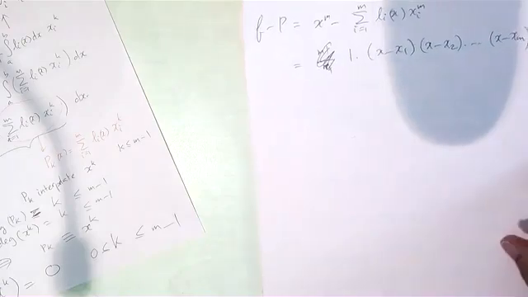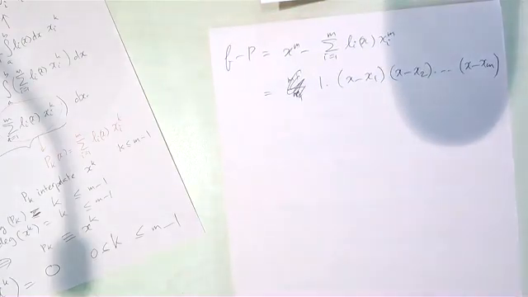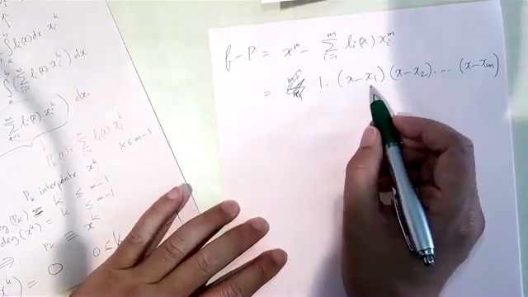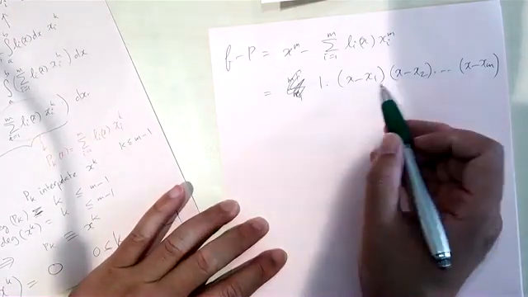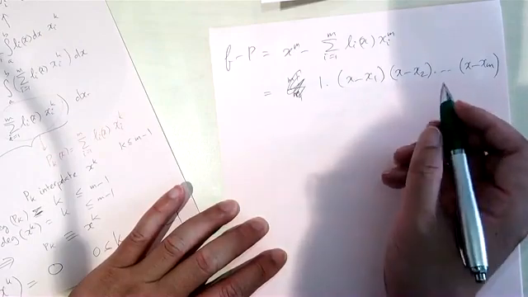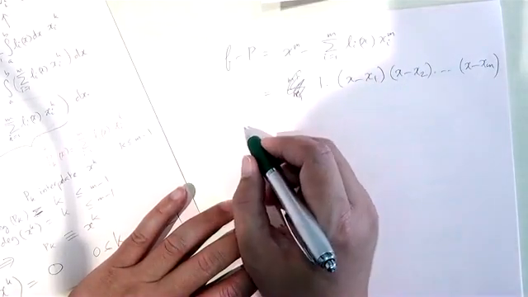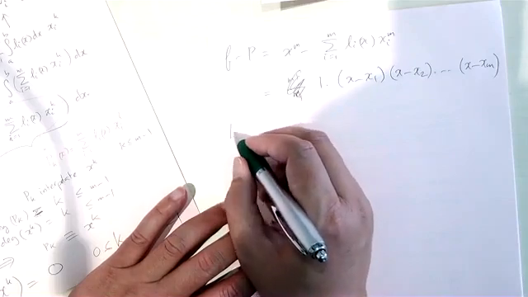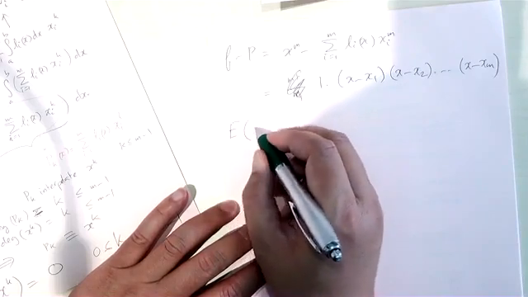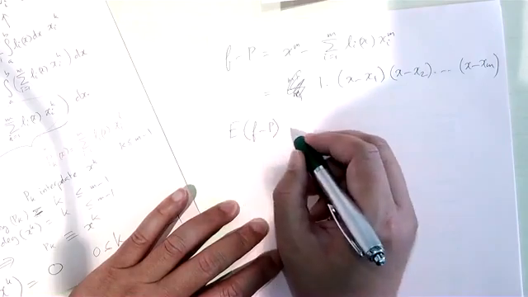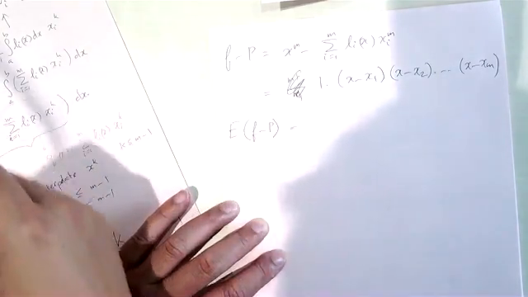However, it has some special structure. It's just a product of x minus the interpolation points. So now what I want is to evaluate E of f minus p, because this is what we are doing.